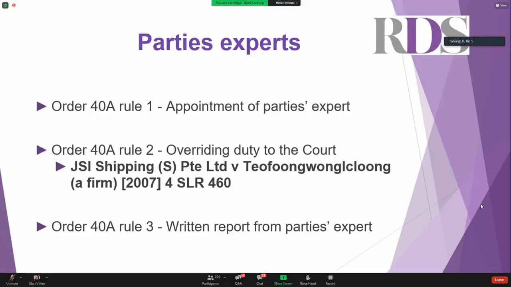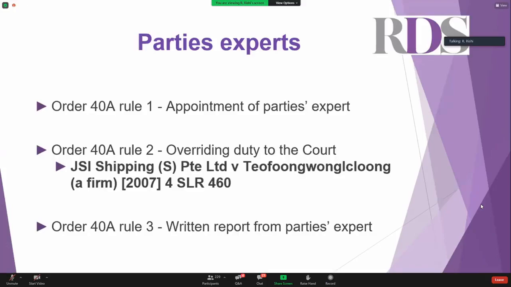What the parties are supposed to do then is either sit together to come to a common consensus, to identify areas and narrow down issues insofar as the expert evidence is concerned, or they go on to cross-examine on whatever issues remain. Okay, so these are the management of the manner and sequence in which evidence is led.